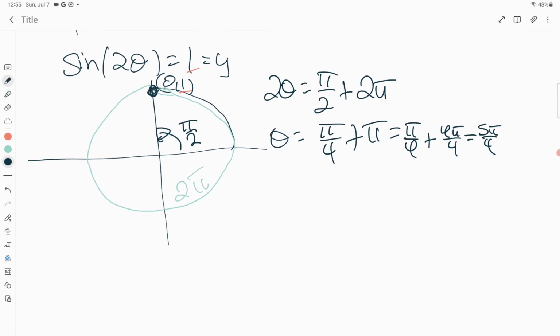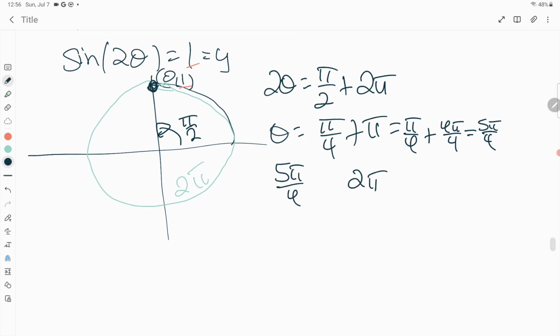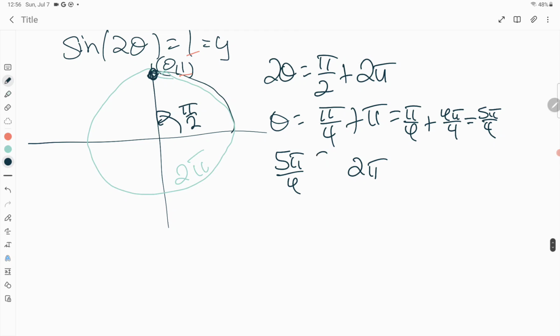But if you don't, then you can do 5 pi over 4, and you want to compare it with 2 pi. One way to do it is to use common denominators. So you want a relationship between these two. So you're going to have 5 pi over 4, and 2 pi you can write as 8 pi over 4, because 8 divided by 4 is this 2 right here. So 8 pi over 4 is the same as 2 pi.